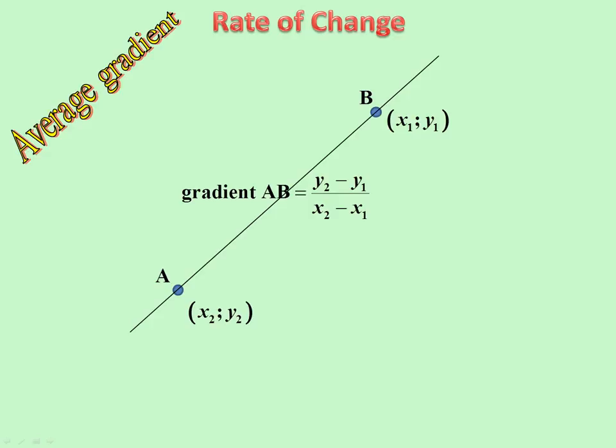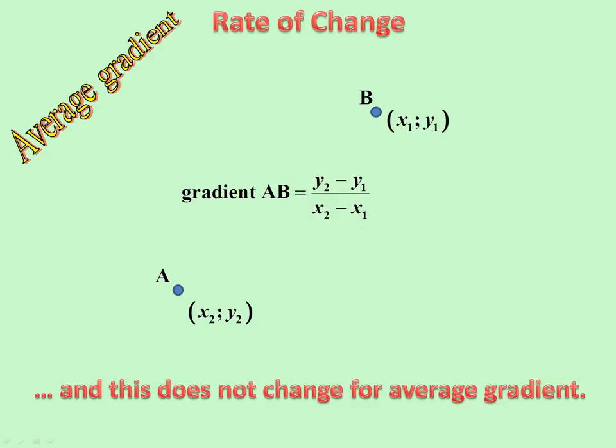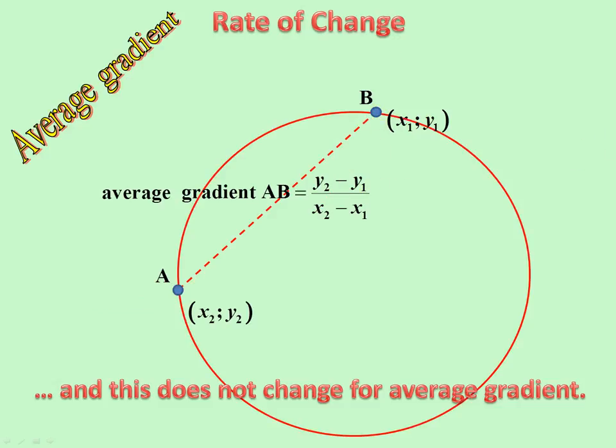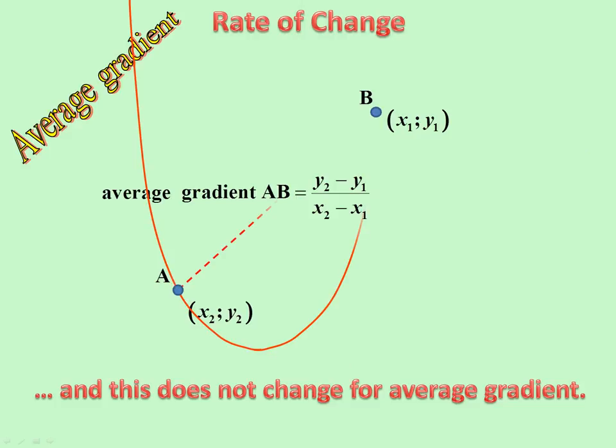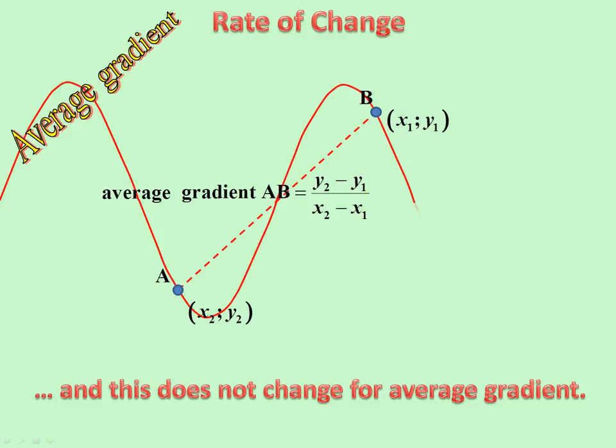Now, average gradient means it could be on a curve, but it does not change the formula, because from there to there, it doesn't matter where you've been in the meantime. The important thing is what's the change in y over change in x from there to there. Same formula. Once again, even on the sine curve.